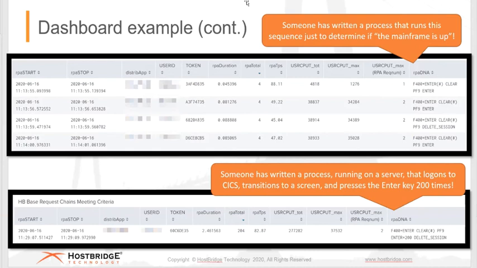Now, so we went back to them and said, what functional benefit does that have? And the application people said, well, nothing. There's nothing productive that can happen by running that sequence of activities. Well, we chased it all the way back to the server side, and it turns out that someone had written a process that, for whatever reason, runs that sequence, or calls a subroutine that does those 4 steps, just to determine if the mainframe is up.